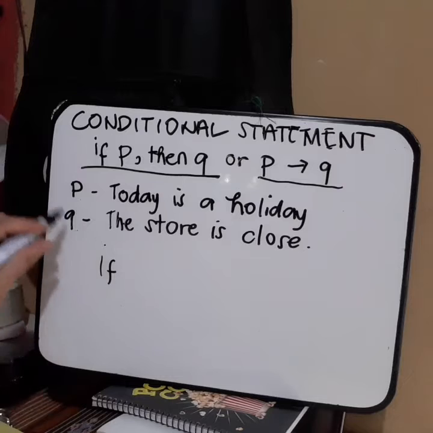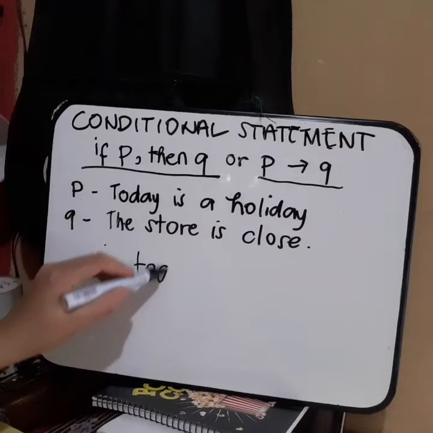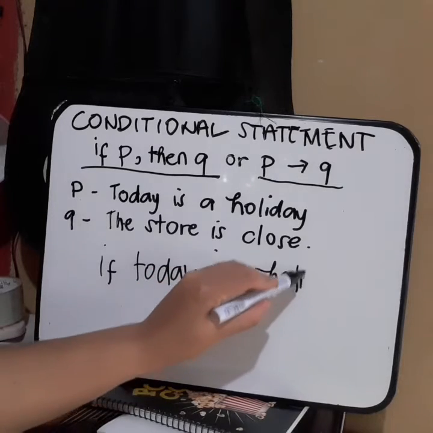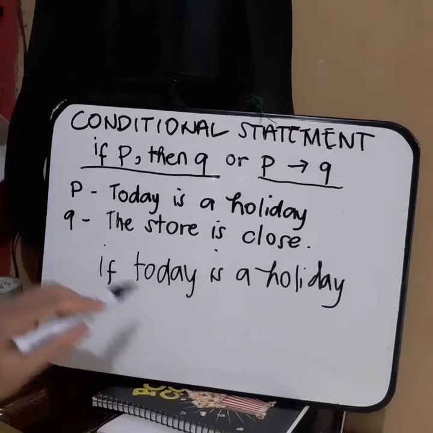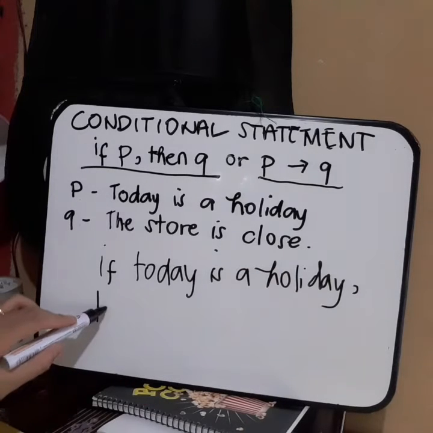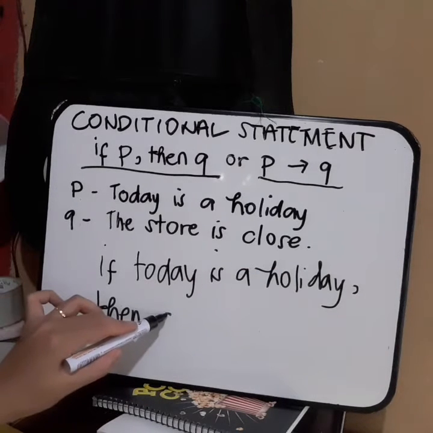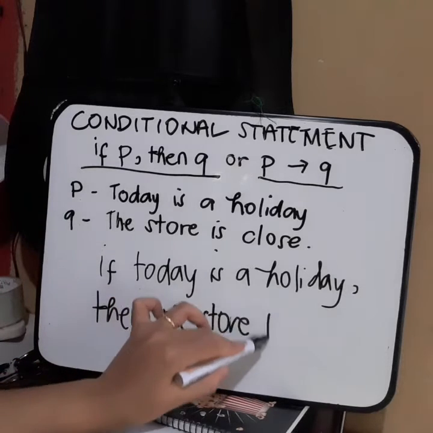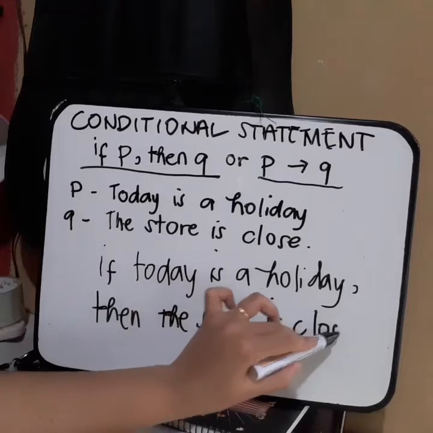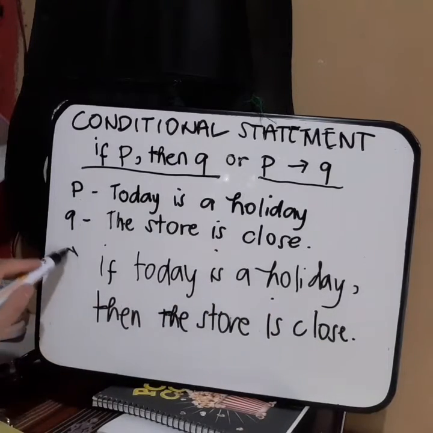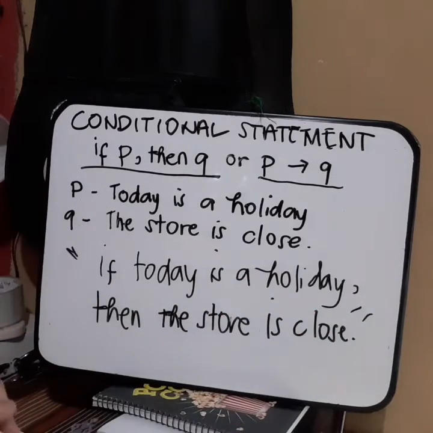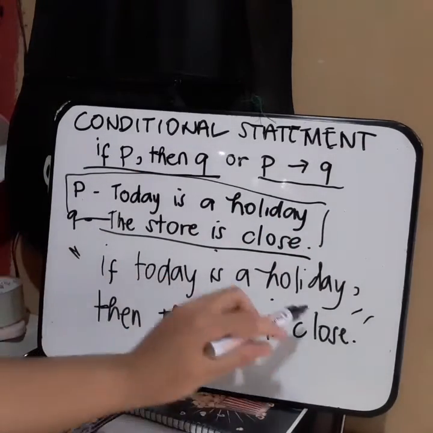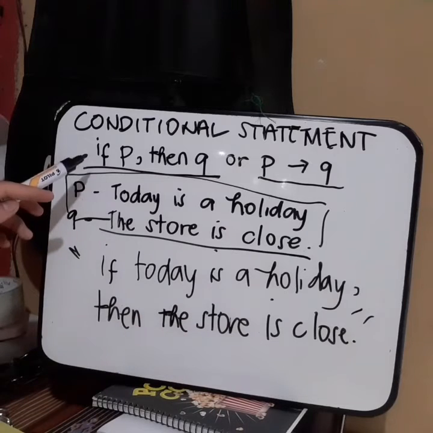We just copy the P: if today is a holiday, comma, then the store is closed. So this will be the conditional statement of these phrases. If today is a holiday, then the store is closed.